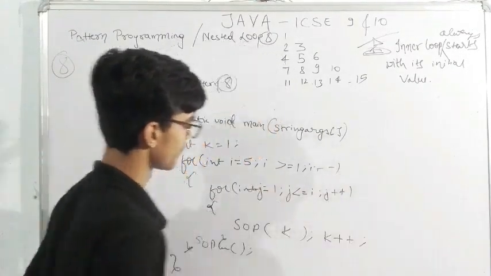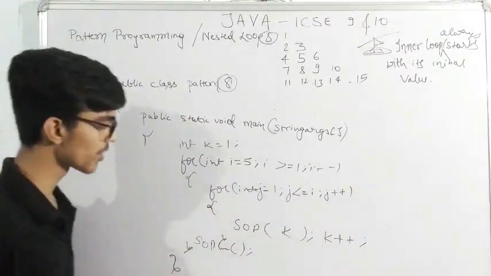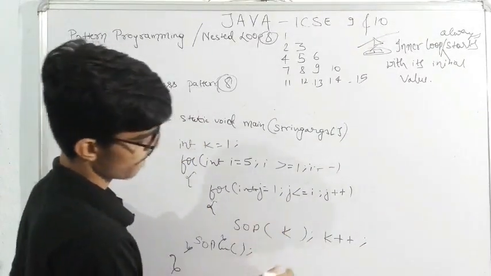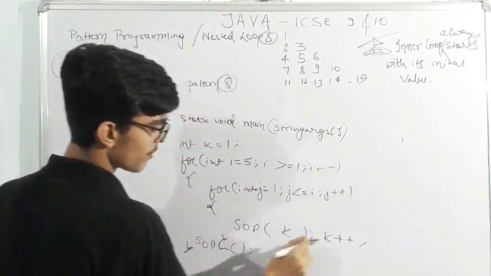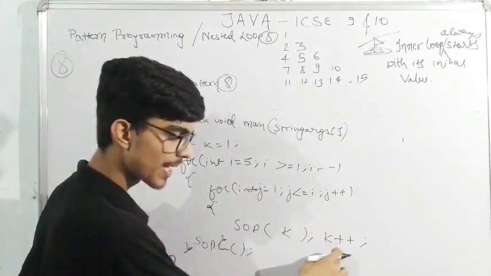This is the program. In this there is k. So 1 it will print once, then it will become k plus plus.